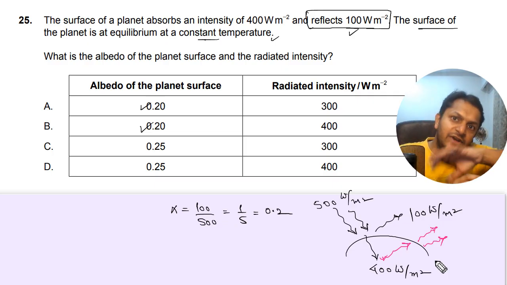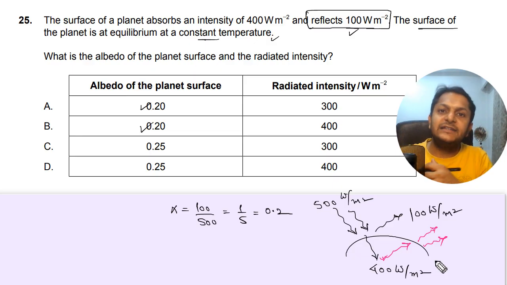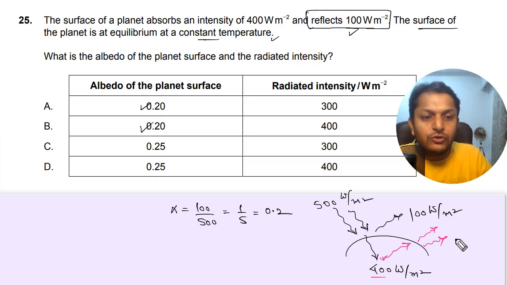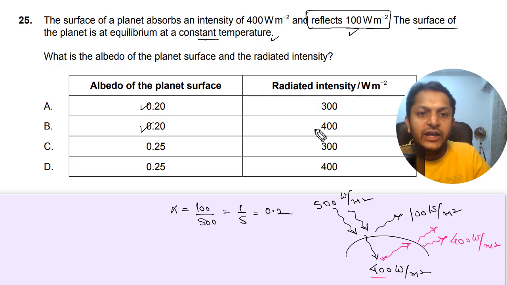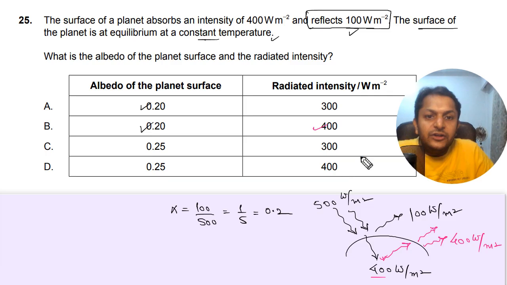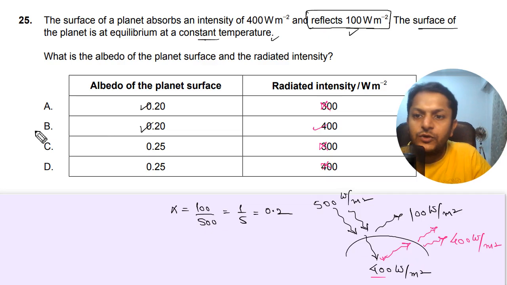So the surface where the night is there, at that time it is emitting energy from that part. So we can say that the energy balance is maintained. Of course, the total amount of energy which was absorbed has to be given out. So the radiated amount of energy will be 400. Now, the other option is 300, which is clearly not the case. So there is no doubt that our answer will be B.